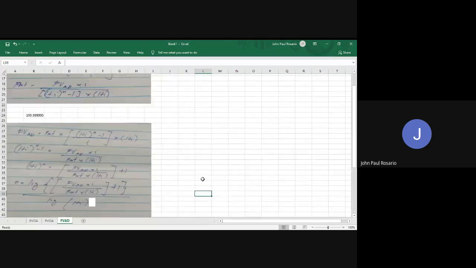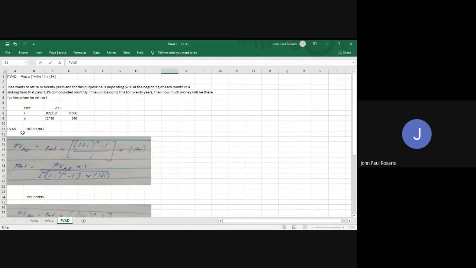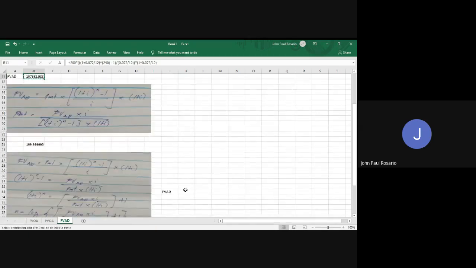Our given is the future value of annuity due, which is in our syllabus. The payment is 200, and I is 0.072 over 12. So n is the unknown.